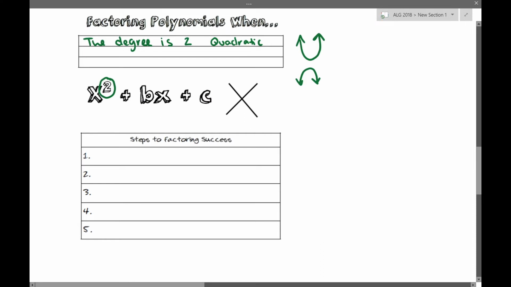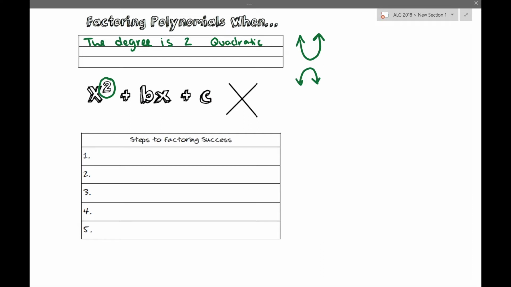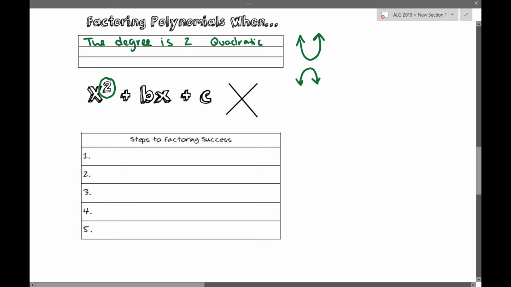So this only works when my degree is 2, when I have 3 terms. And 3 terms means it's a trinomial. So 3 terms, you have 1, 2, and 3.